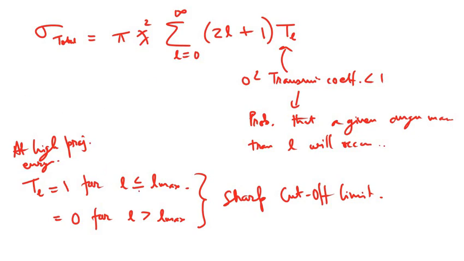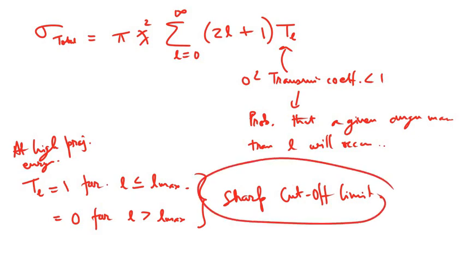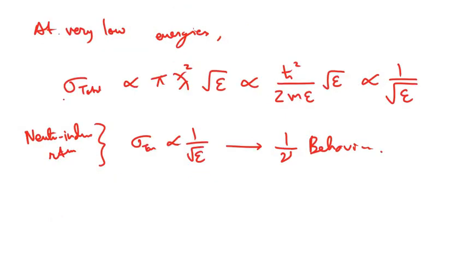When L is less than or equal to L max, T_L is 1, otherwise it is 0, and that's why it is known as the sharp cutoff model. I can use a different type of behavior for T_L and try to find the total cross section. That will be a different model. Here I have talked about one of the most basic possibilities, known as the sharp cutoff model.